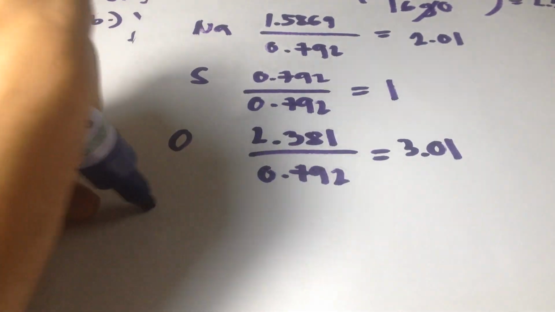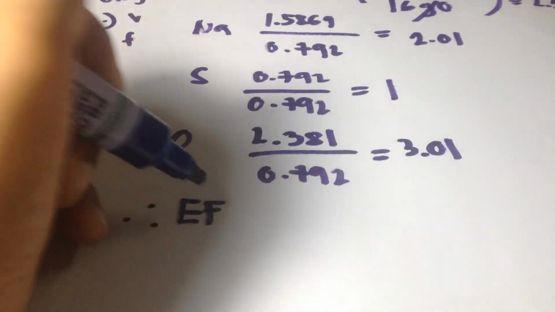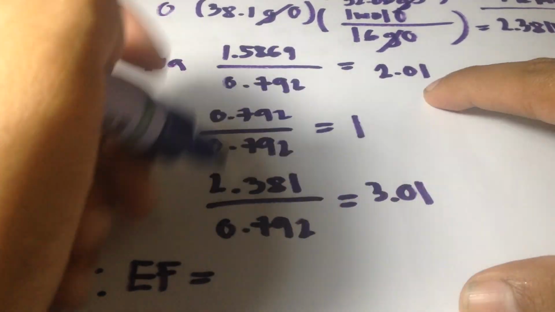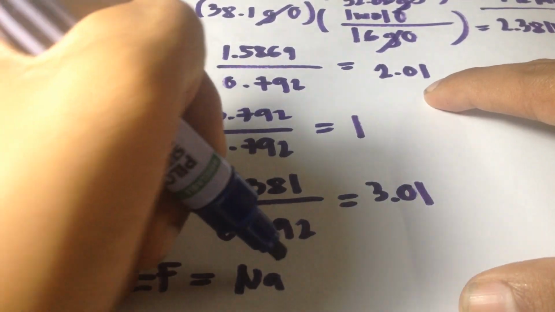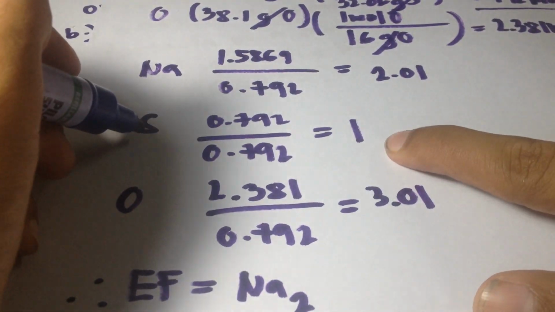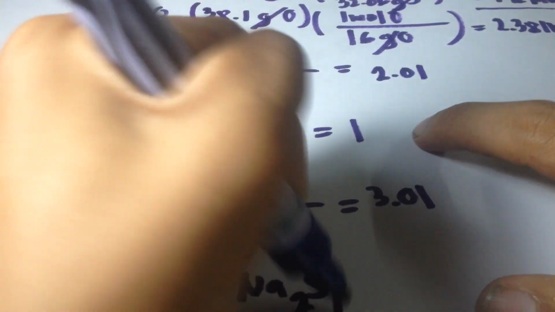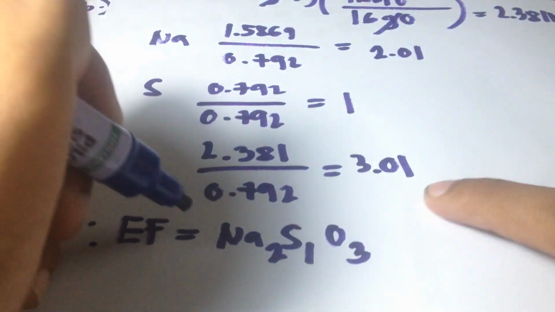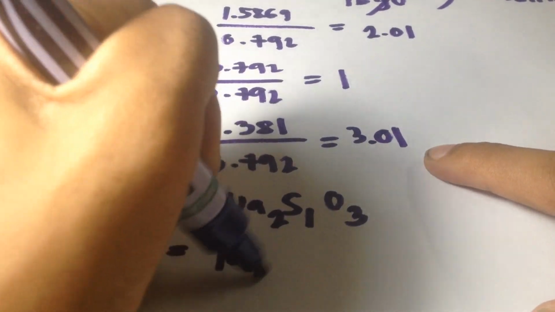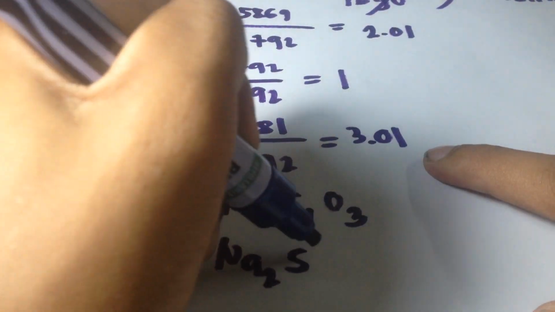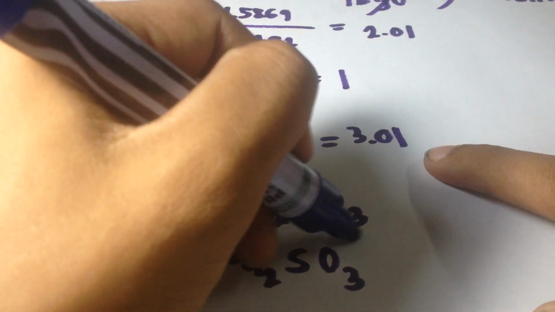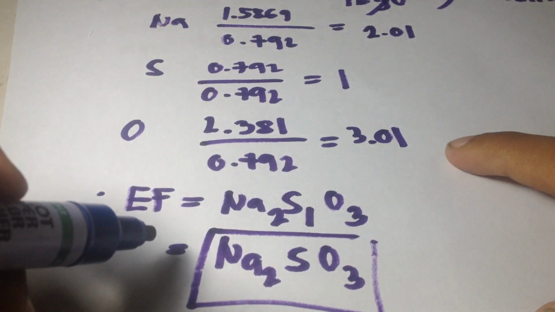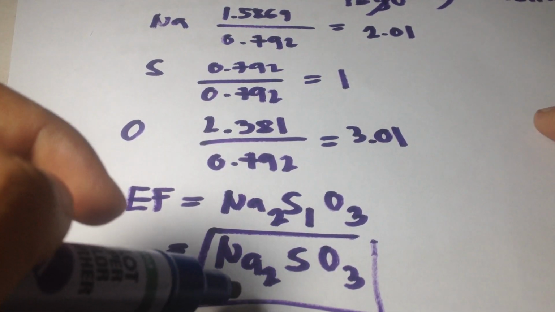So therefore, the empirical formula of this compound is sodium with a 2 subscript, sulfur with a 1 subscript, and oxygen with a 3 subscript. So that equals sodium sulfite. So that's your final answer. Okay, that is the empirical formula, which is sodium sulfite.